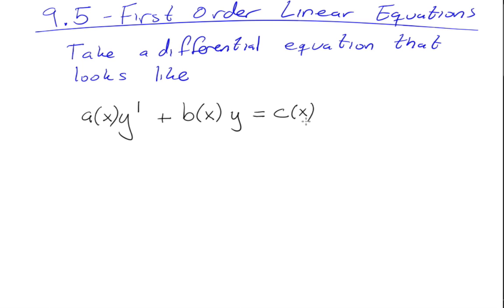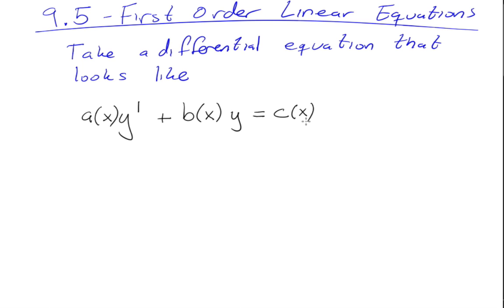What would make this into a second order? So why is it first order? Yeah, we only have the first derivative, right? If we had y double prime or the third derivative, then it would be second or third order. And then what makes it linear? That there's no powers, no exponents.